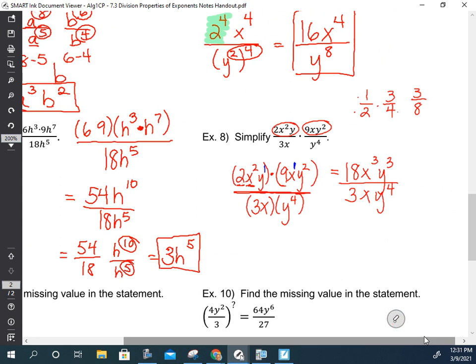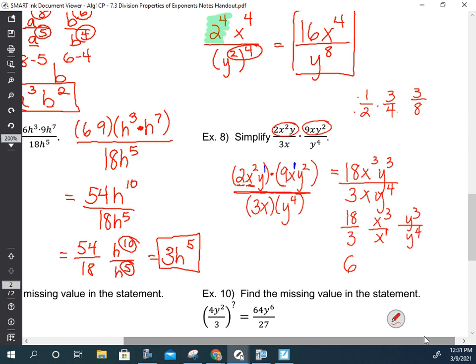So, we have our problem. 18 divided by 3, the x's go with the x's, the y's go with the y's. 18 divided by 3 is 6. When you divide, you subtract the exponent.